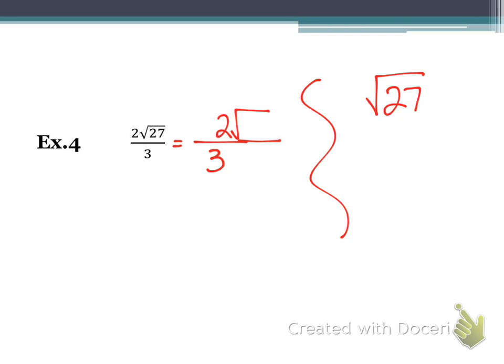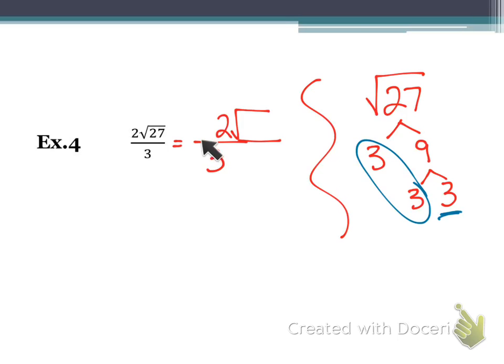What is 27 breaking into? 3 and 9. Which one keeps going? 9 breaks into 3 and 3. What is important to me here? Pair of 3s. What's alone? The other 3. Okay, we should be getting really quick at that step of simplifying that radical.